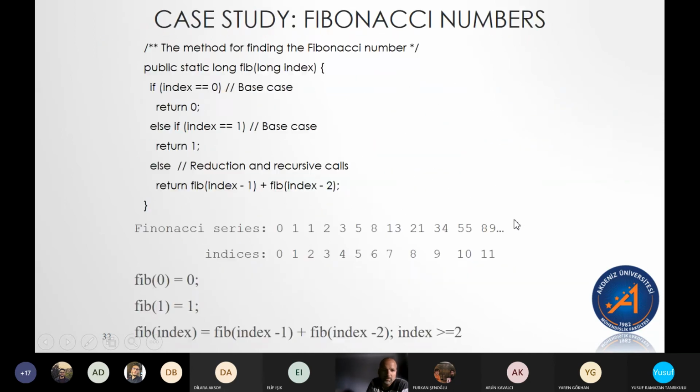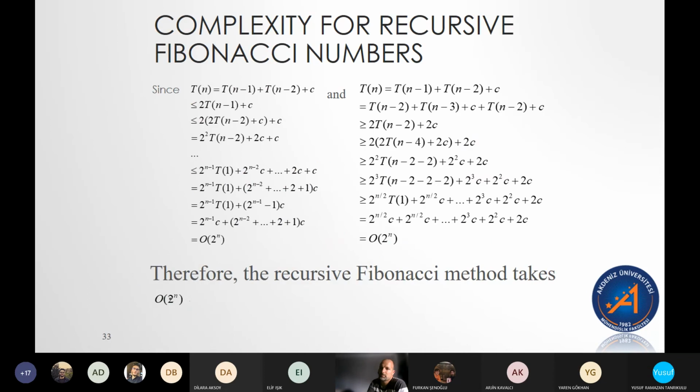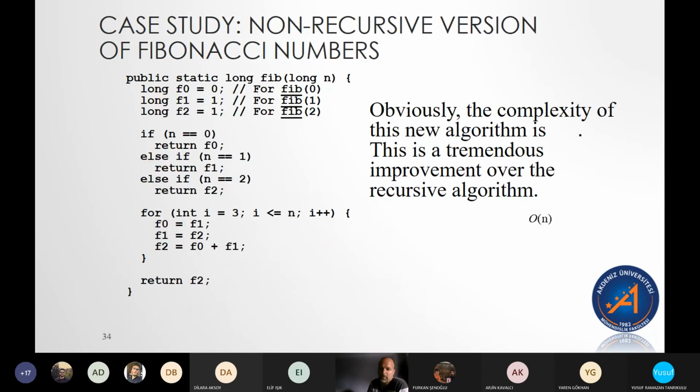If you remember back here, 2 to the n does this thing here. Big O of n is this one over here. This is the amount of time it would take. So 2 to the n takes a lot of time. Big O of n, not a lot of time. So much better solution here.